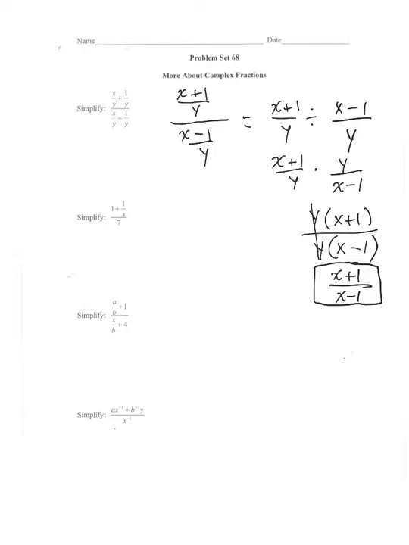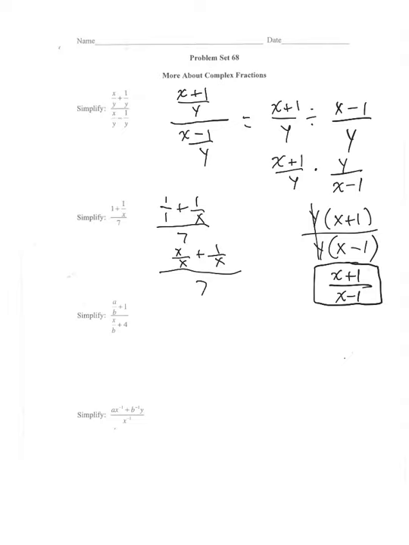You may recall that 1 can be written as 1 over 1. If my common denominator is x, and I multiply 1 over 1 times x over x, I would get x over x plus 1 over x, all over 7.